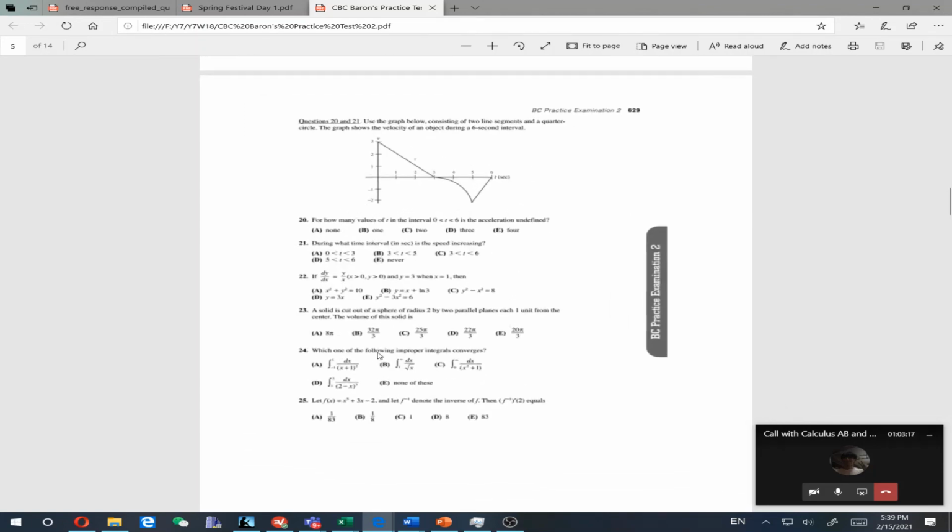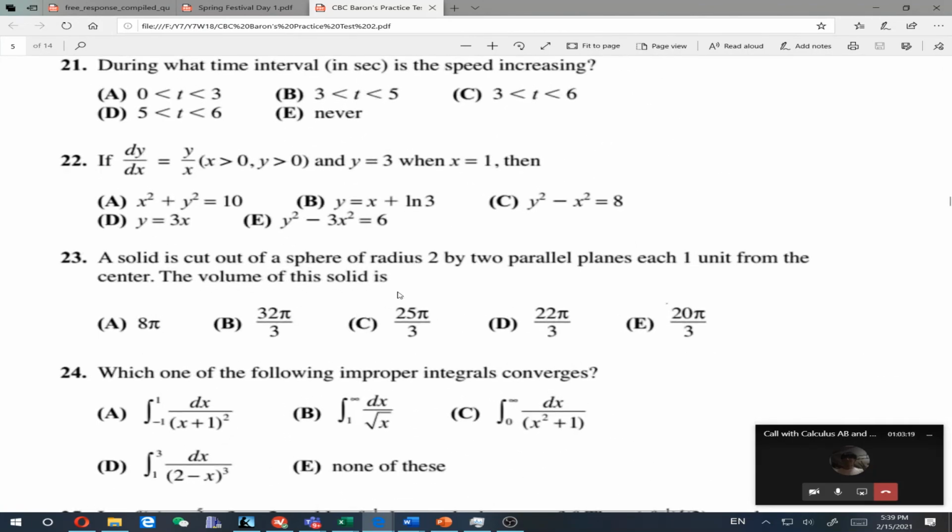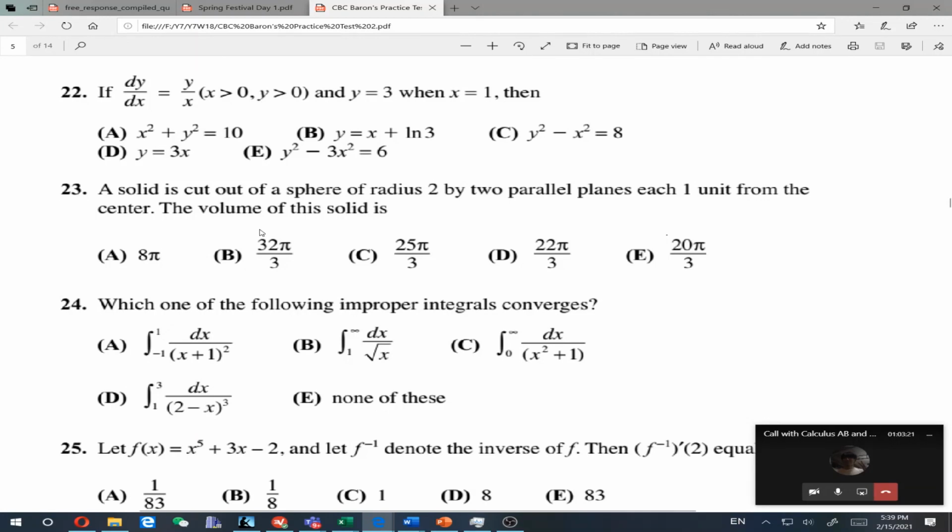You said 22 in the multiple choice, right? Is this correct? Okay, cool. Let's see. I've got the derivative is y over x. X is greater than 0, y is greater than 0, y is 3 when x is 1. Oh, sorry.